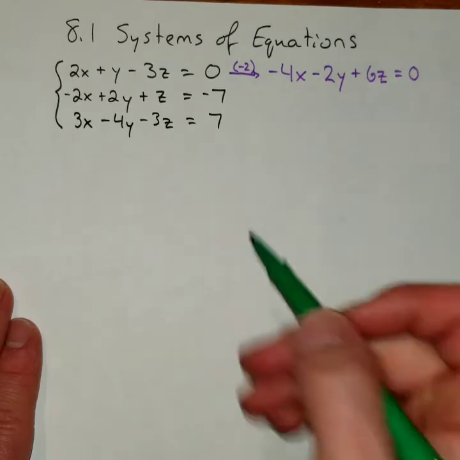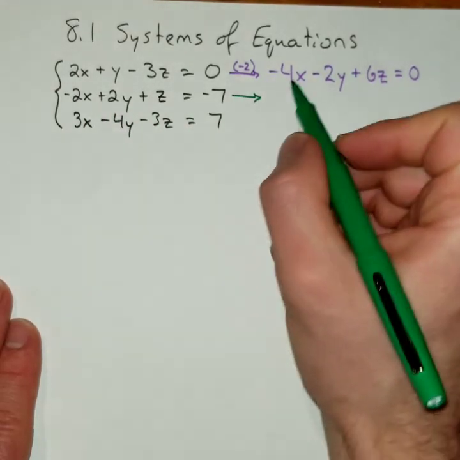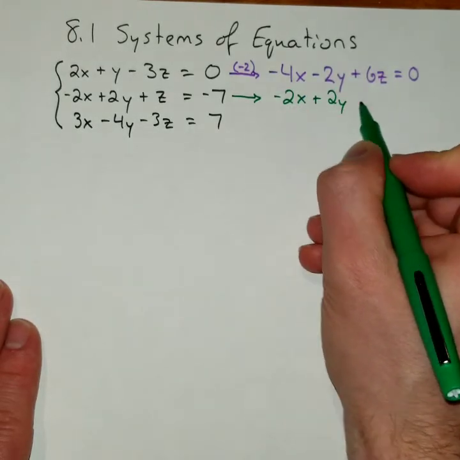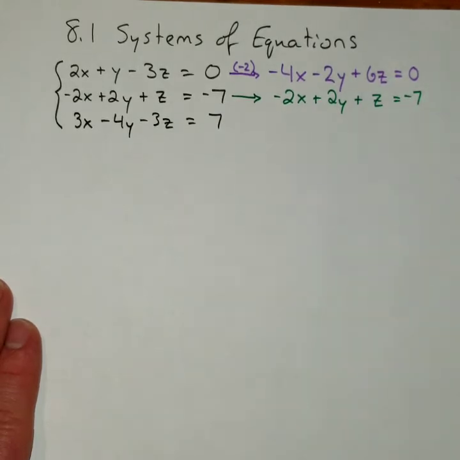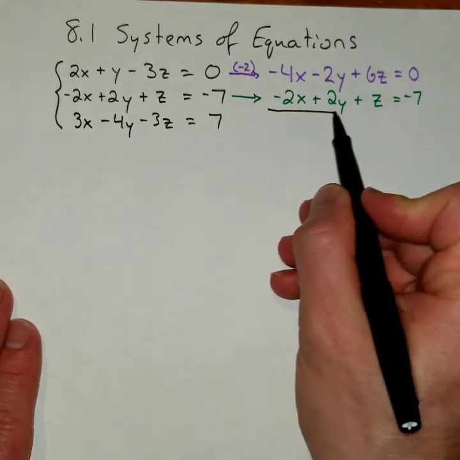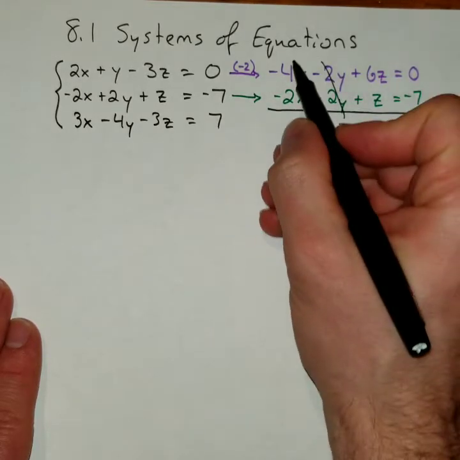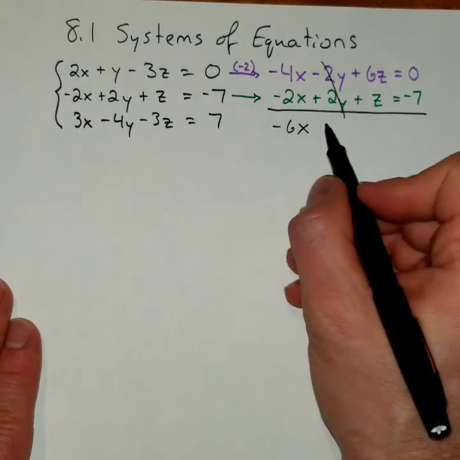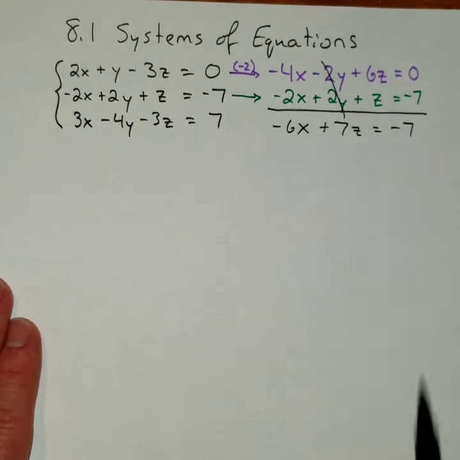Now the second equation, I don't have to multiply by anything. So -2x plus 2y plus z equals -7. I'm going to add those together. And let's see, the y's drop out, the x's make a -6, the z's make 7, and the constants are -7.